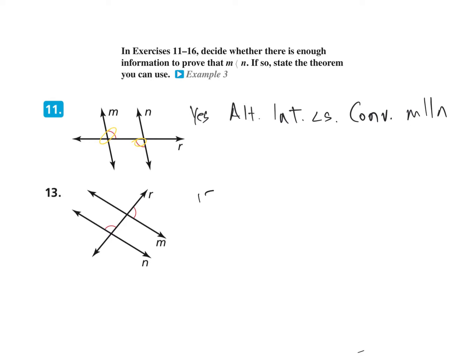Okay, 13. These two pieces of information here are alternate, but they're not matching up in any way. Unless those two angles are 90 degrees, we can't prove anything else. So no, there's not enough information there. And there you have your answers for 11 and 13.